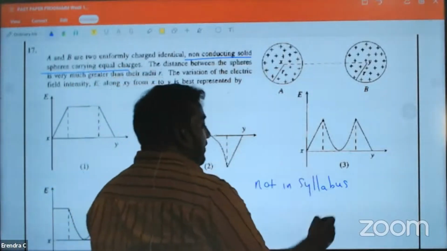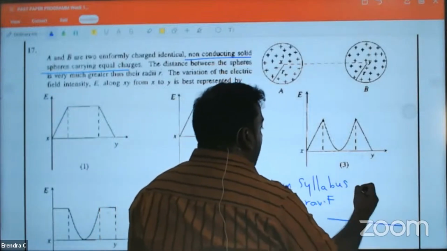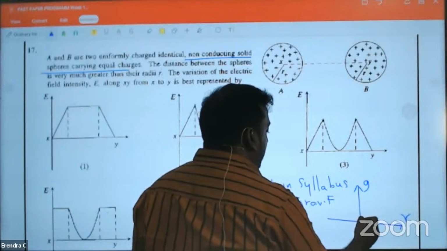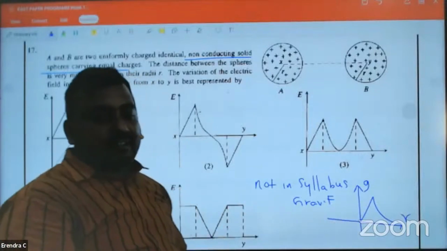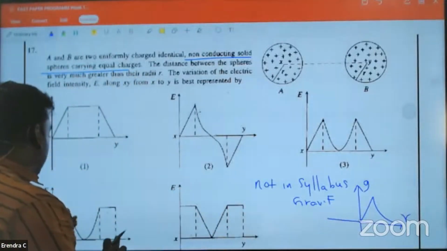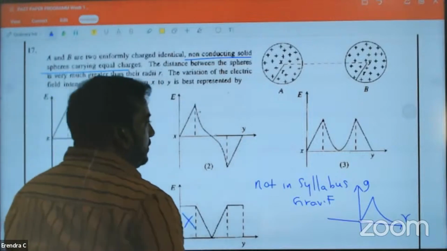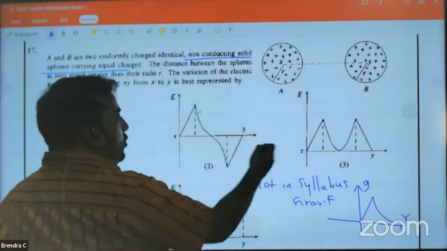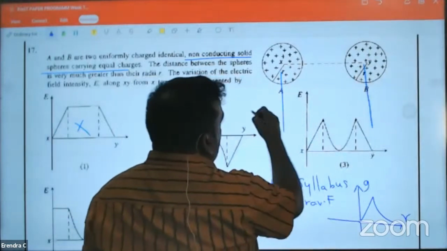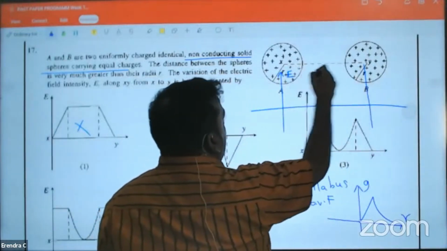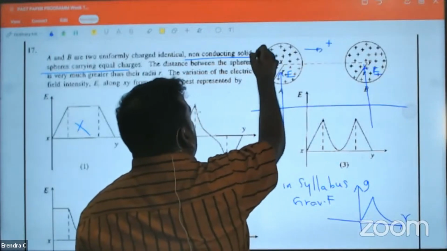Inside the earth, the gravitational field strength, you would have learned this. Variation of the gravitational field: inside it is a straight line, outside a curve. So this inside straight line, outside curve variation will come. From that you can see this is wrong, this is wrong, this is wrong. The only two options are these. Electric field is a vector. This side positive, that side negative.